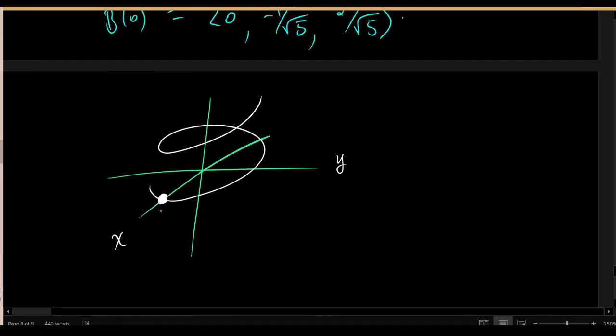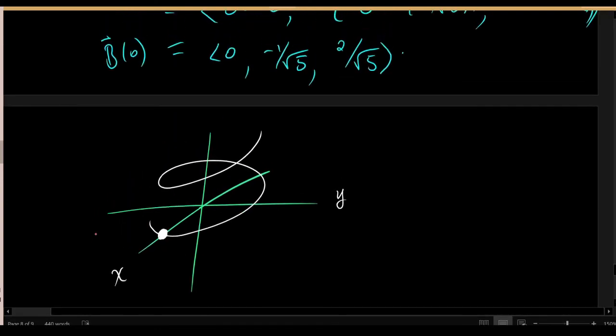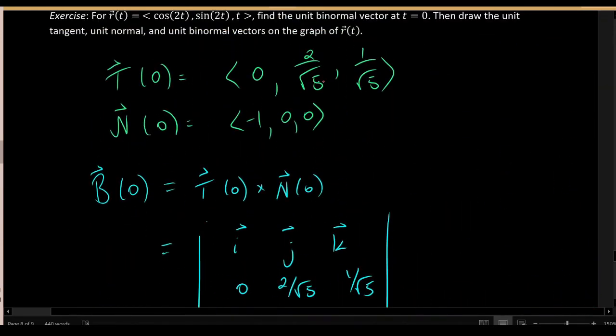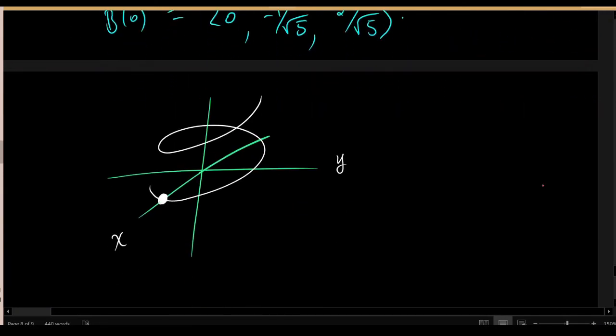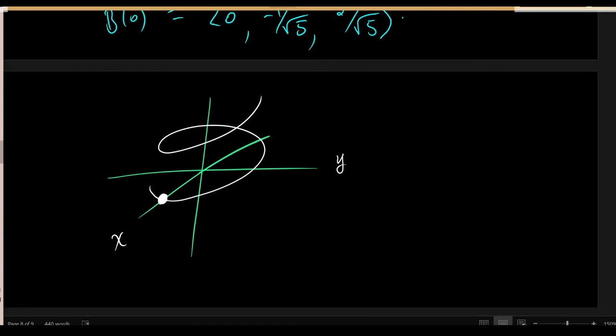Now at time t equals 0, the object's location is indicated by this white dot: 1 unit in the positive x direction with no units of movement in the y or z direction. The unit tangent vector points in the positive y and positive z directions. So it's pointing to the right with a slight upward tilt.